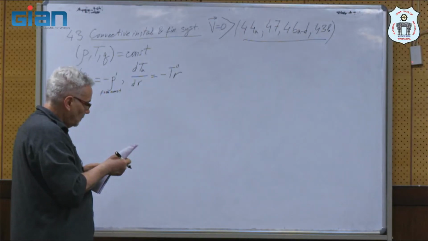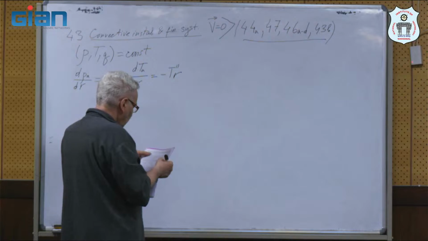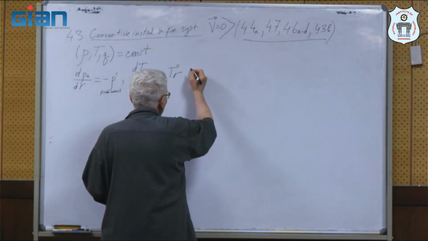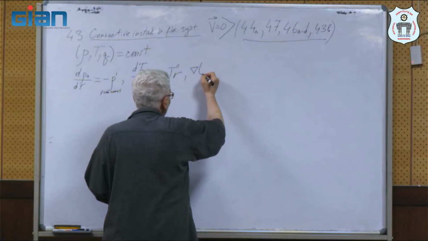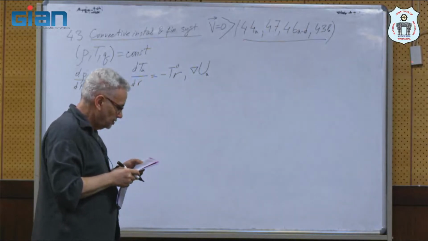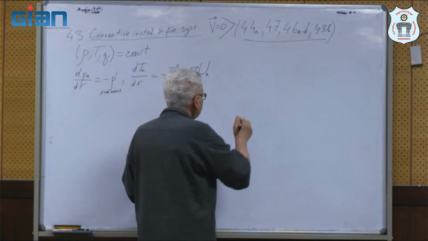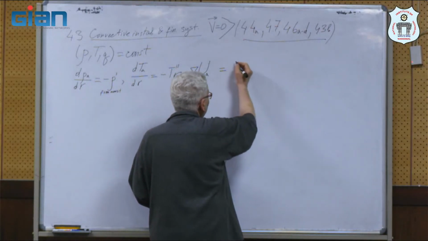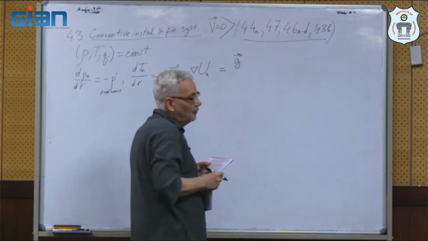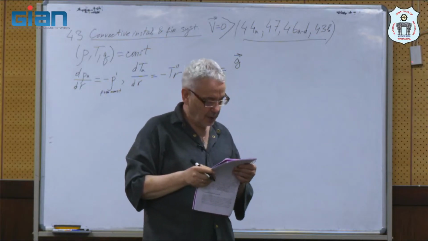In a slightly different way, we can estimate the gradient of the gravitational potential, which can be represented directly via the gravity vector.